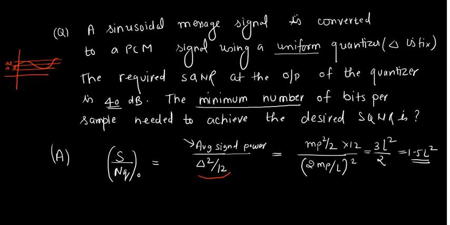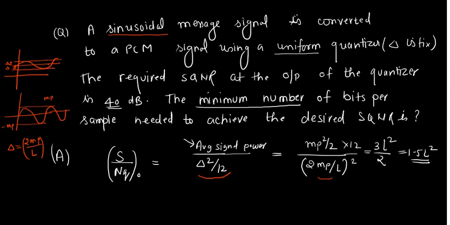Since we are taking a sinusoidal signal, and this is the peak value of our sinusoidal signal, delta will be 2 mp divided by L, that is m max minus m min divided by L. So delta square is this.